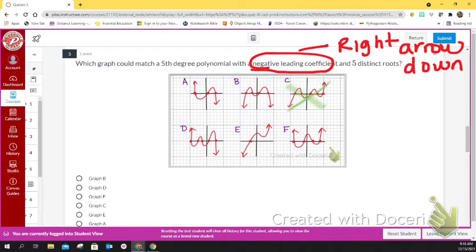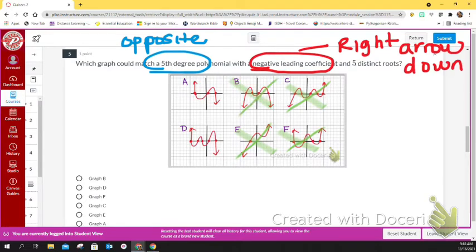So C wouldn't work, F and E wouldn't work. Also, because it's a fifth degree, I know that the arrow should be opposite. So I would also cross out B. So the only two choices I have left are A and D.